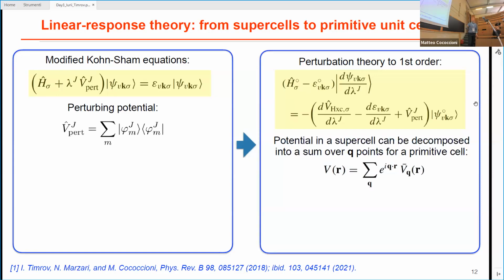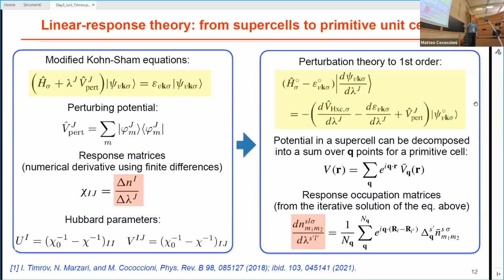Then we use this concept of rewriting the potential as a sum over monochromatic components, the math of the previous three slides. And finally, we can compute the final object of interest, the response matrix. Instead of using finite differences, we use an analytical expression defined as the sum over monochromatic components, a sum over q, some phase factor, and the monochromatic lattice periodic objects which depend on the wave vector q.